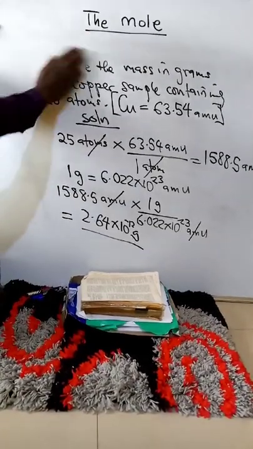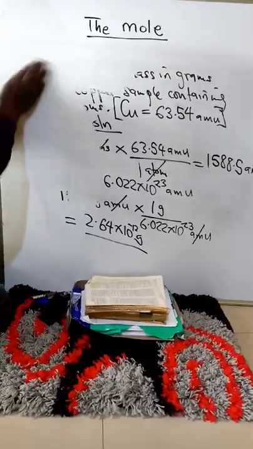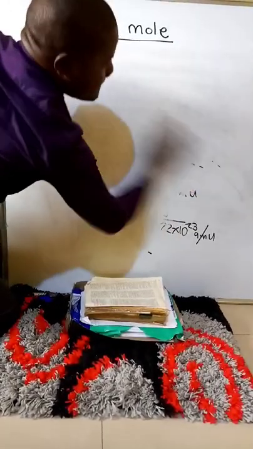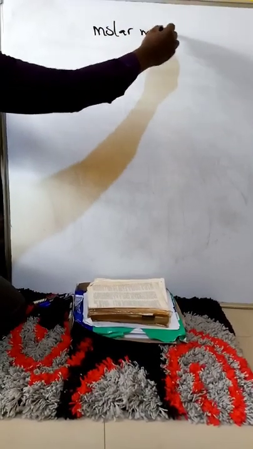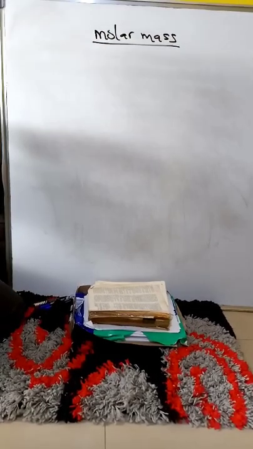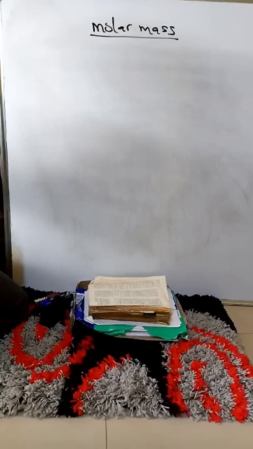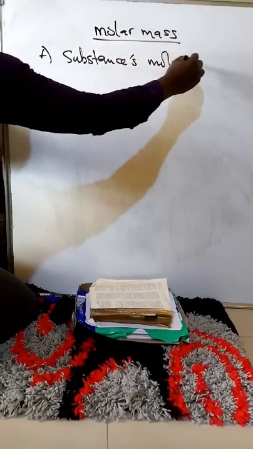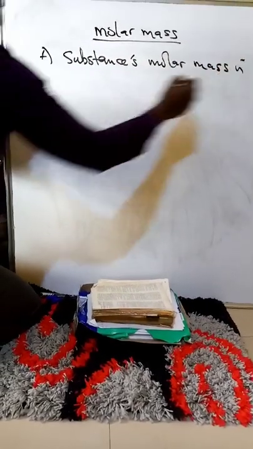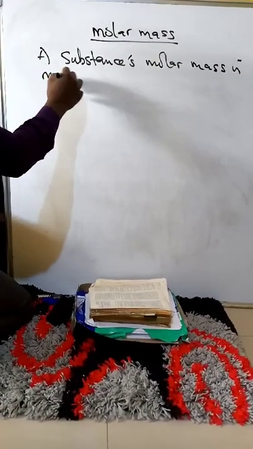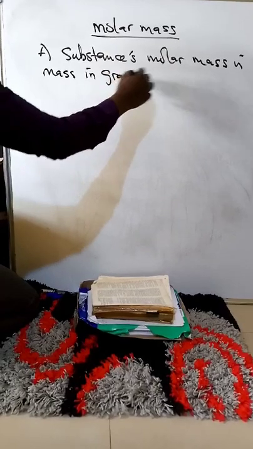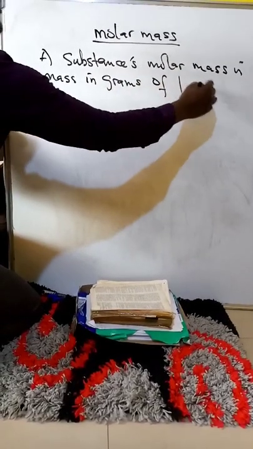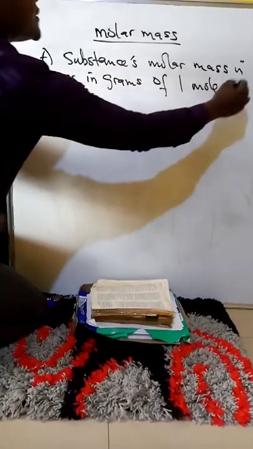So now let's look at the molar mass. A substance's molar mass is the mass in grams of 1 mole of the substance.